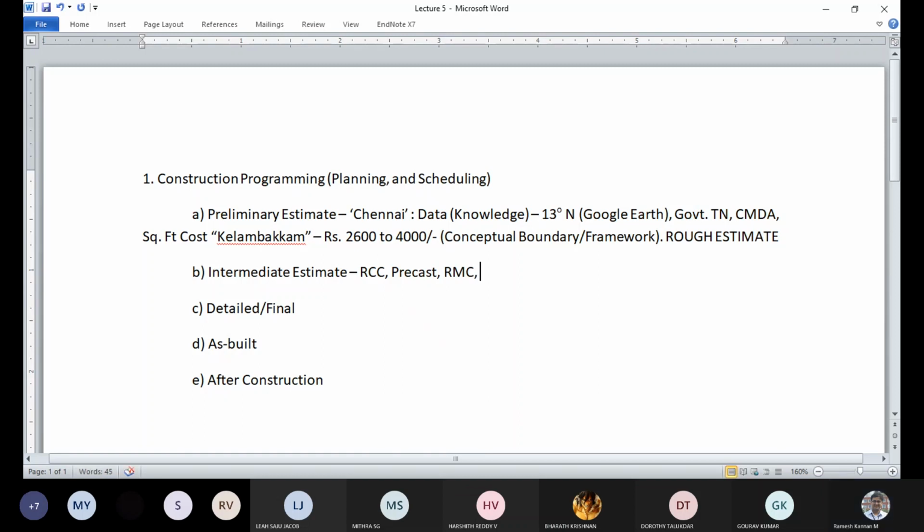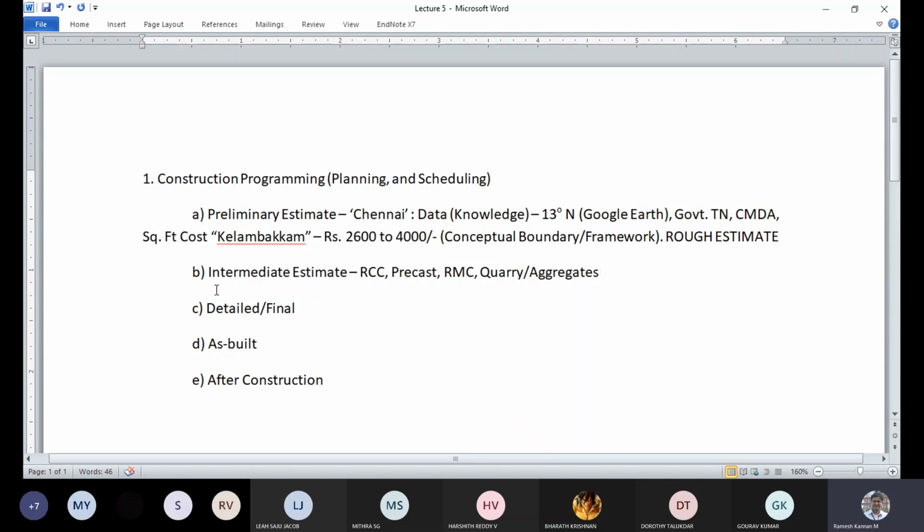And the more important thing is the quarry or aggregates section, right? So where you get that M sand or aggregates or something like that. So this is a very important thing. Even though it's an intermediate estimate, it is like a connection between a rough estimate and a very detailed estimate, right? So this is a very important term.